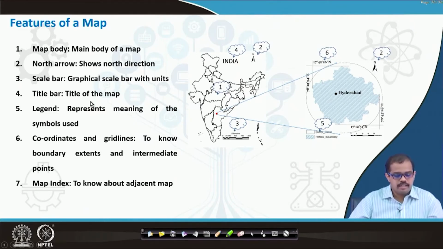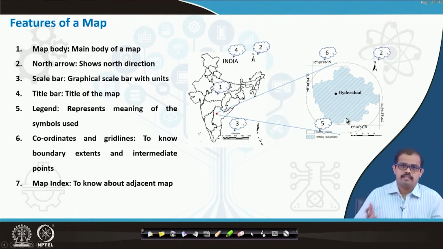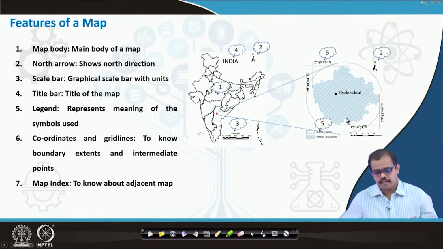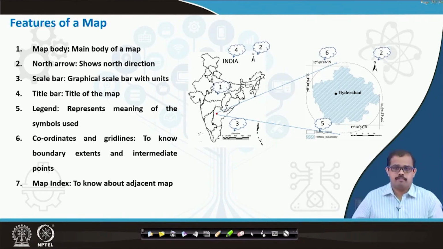Then coordinates and grid lines to make the boundary extent clear. For example, I have put grid lines here, and I have represented a coordinate. Some people may wonder why I have represented it only at two places, one at the top left corner and the other at the bottom right corner.